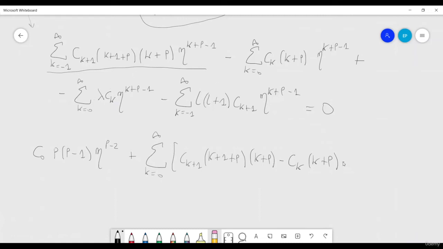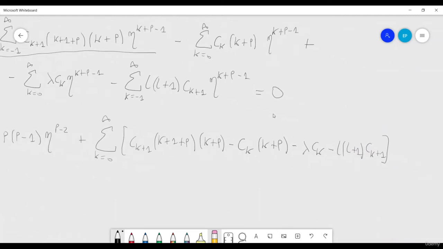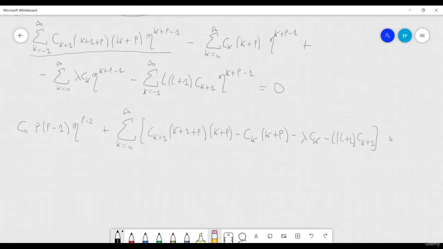So I have minus lambda c sub k, and I also have minus this term here, so it's minus L times L plus 1 times C sub k plus 1, and then this will multiply eta to the power k plus p minus 1, but I also have another term which comes from this minus 1 here in this last summation. So I have minus L times L plus 1 times C0 times eta to the power p minus 2, and this should be equal to 0.